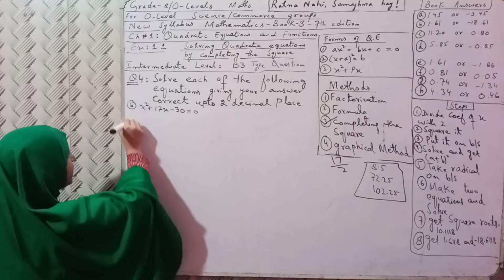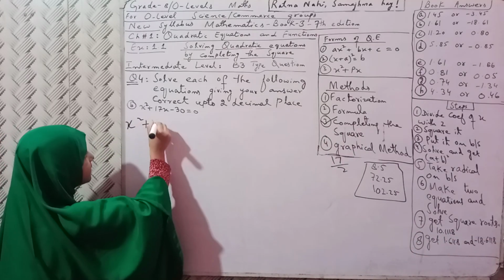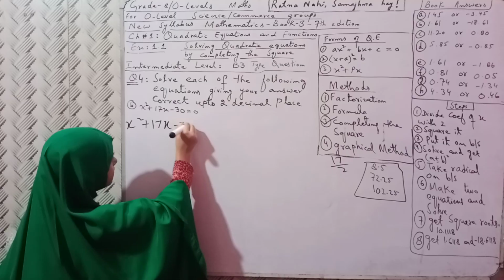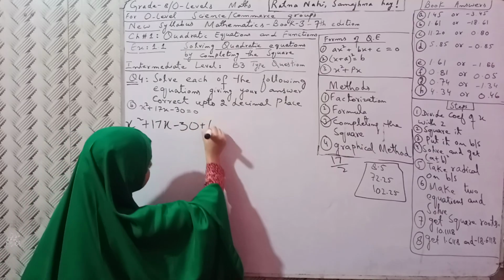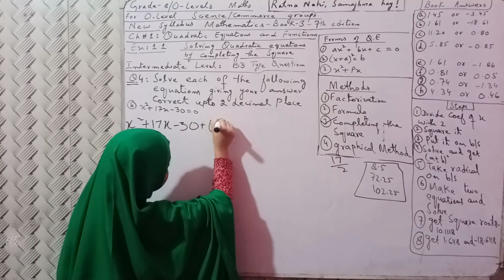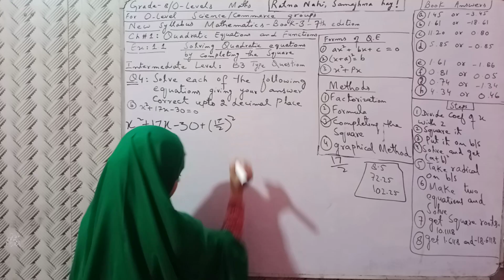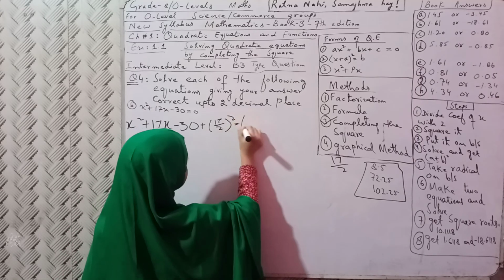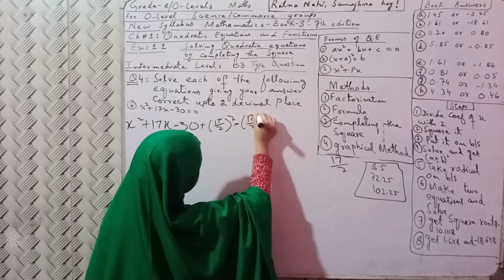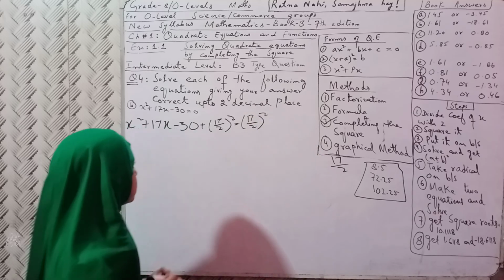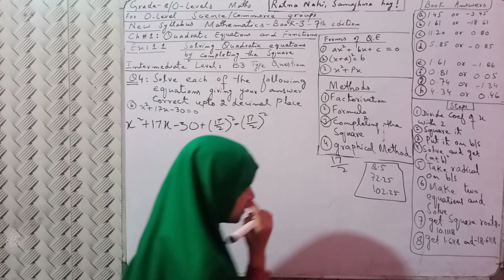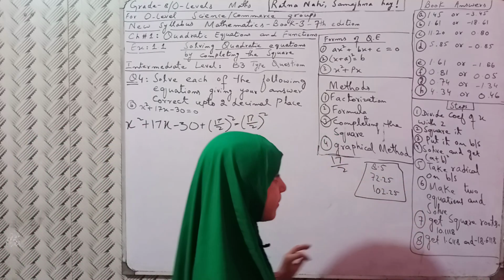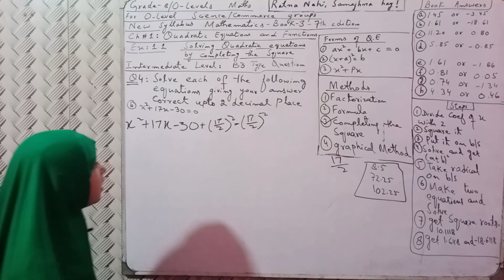So now x square plus 17x minus 30 plus 17 upon 2 whole square is equal to 17 upon 2 whole square. Then solve and get an a plus b whole square or a minus b whole square formula.